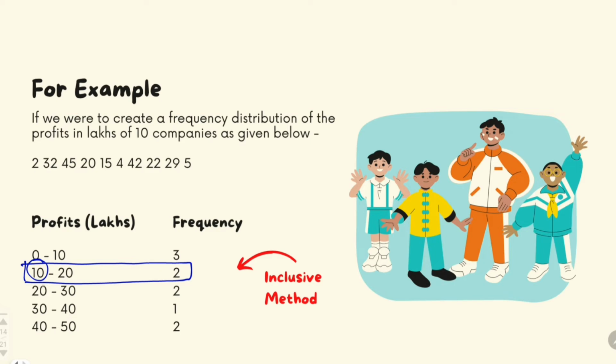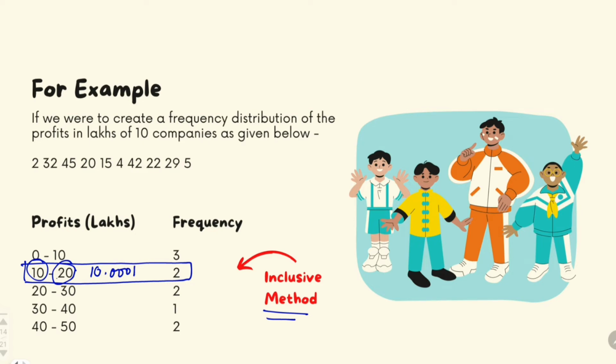So even though we say 10 to 20, what we actually mean is 10.0001 at least, just about 10 is fine. But exact 10 is not included, while exact 20 is included. So the upper limit is included, but the lower limit is not included. Such a kind of frequency distribution is called the inclusive method.